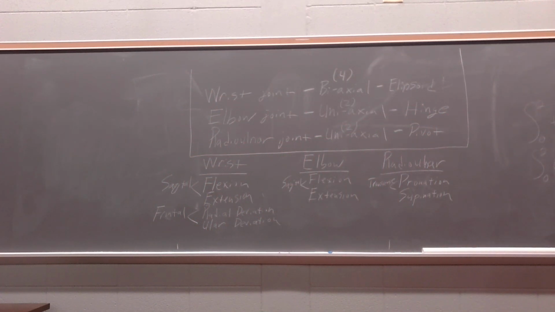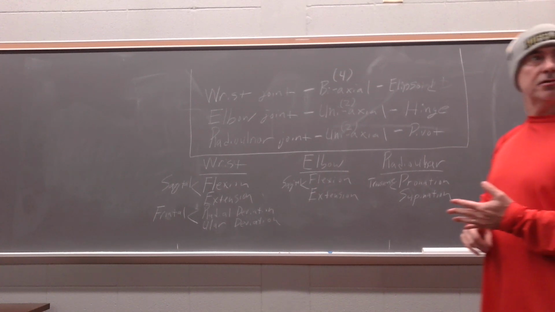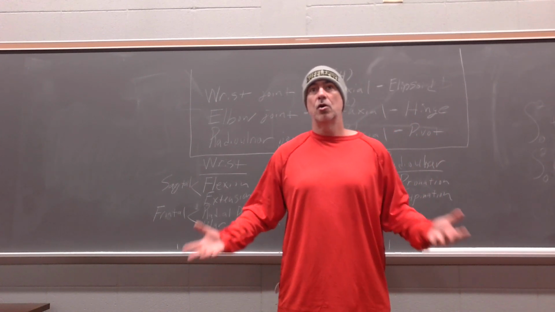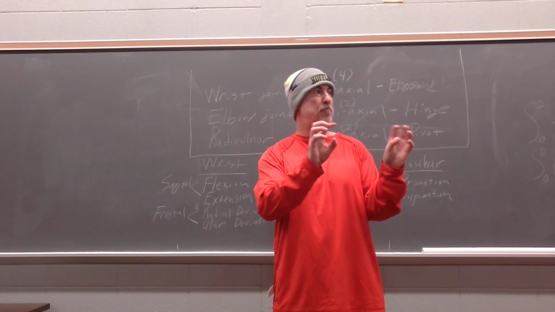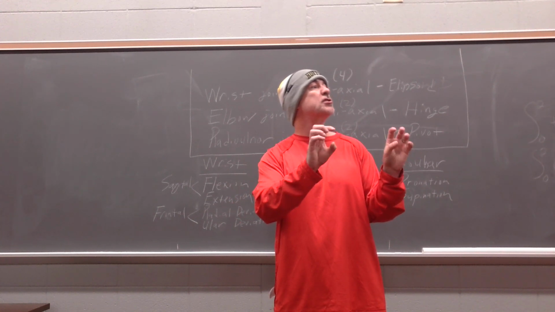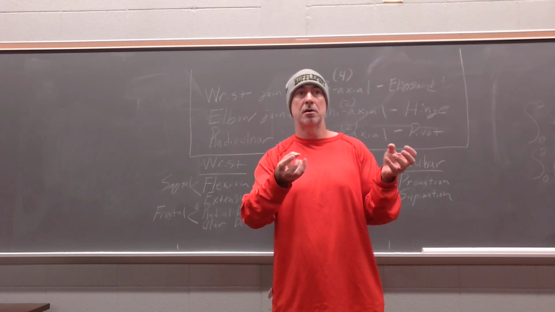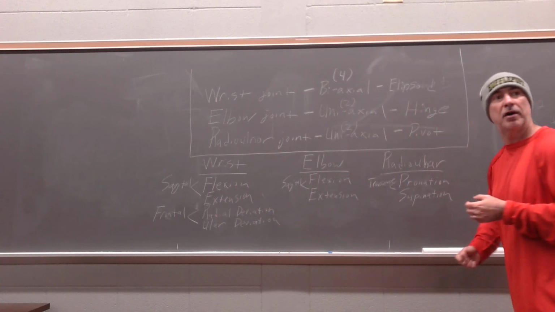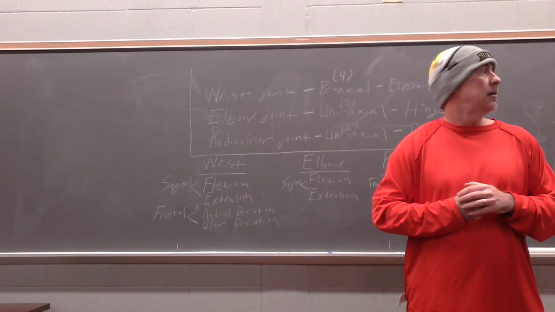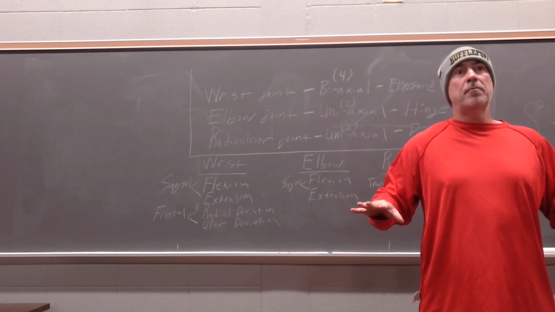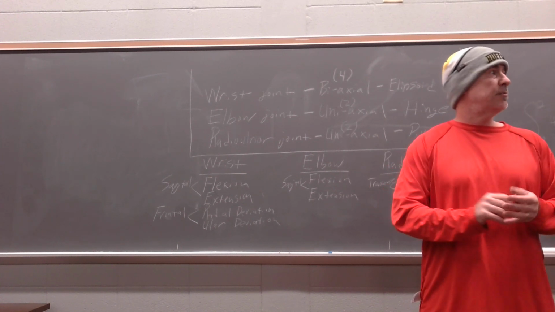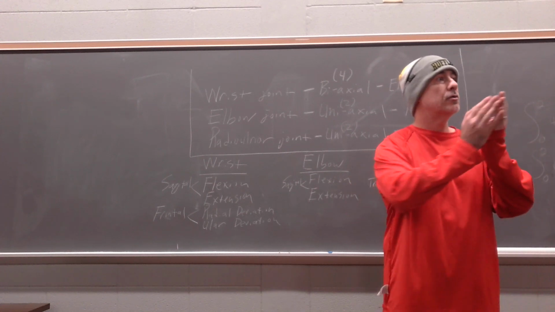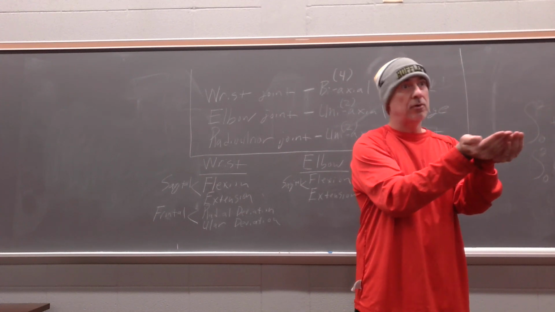So elbow, uniaxial hinge, flexion and extension, in the fetal, out of fetal. Radial ulna, specialized pivot, meant for spin, meant for rotation. The two words we have for that is pronation and supination. I'm going to tell you right off the bat, if you've ever heard this before, forget about it. Do not learn supination is like a soup bowl.